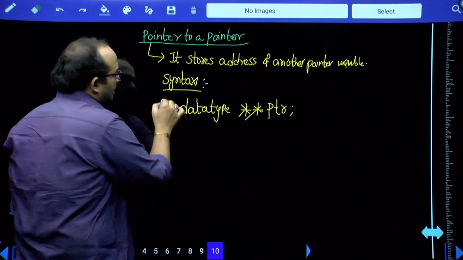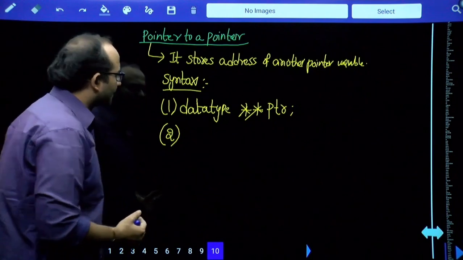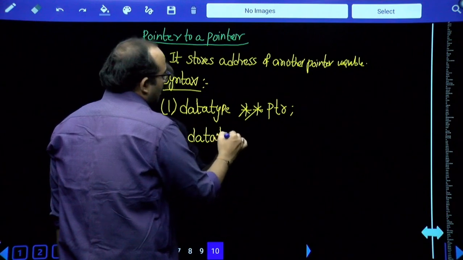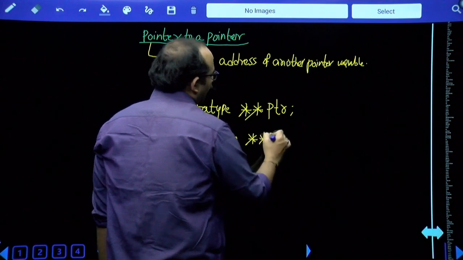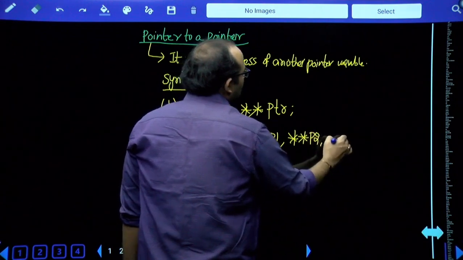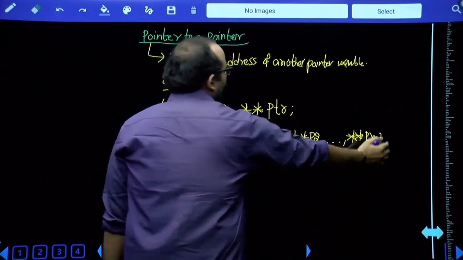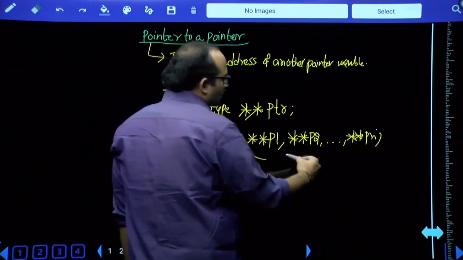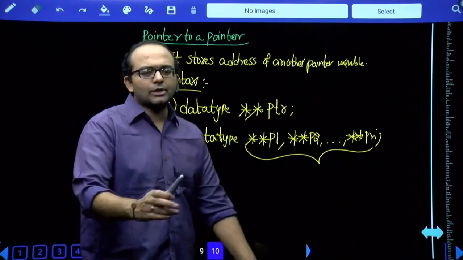For example, if you want to define multiple pointer to a pointers, in that case you can write like this: data type double star p1 comma double star p2 comma so on double star pn. And you can see all these are all pointers, p1, p2, so on pn. All these are all pointer to a pointers.